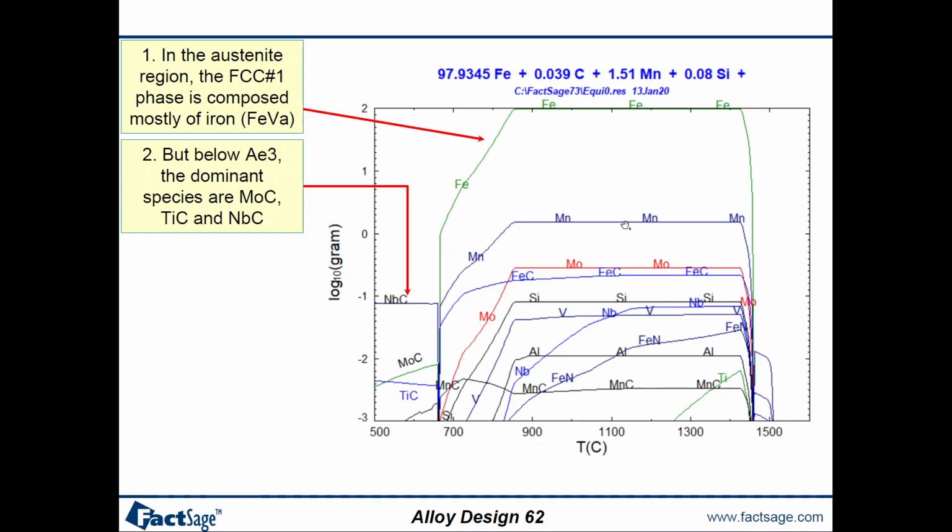Here we can clearly visualize that in the austenite region, the FCC-1 phase is composed of mostly iron, and you can also see that below the AE3 temperature the dominant species are molybdenum carbide, titanium carbide, and niobium carbide.